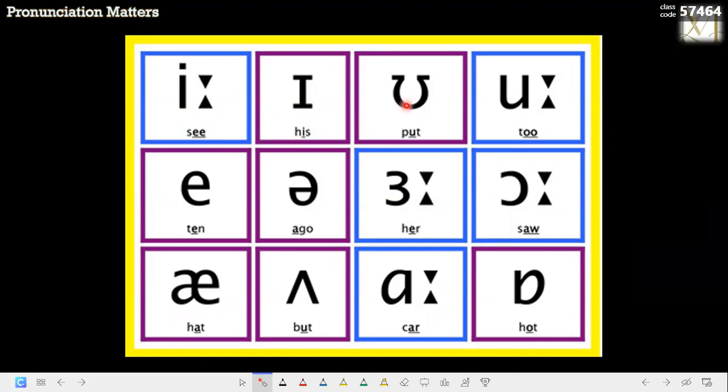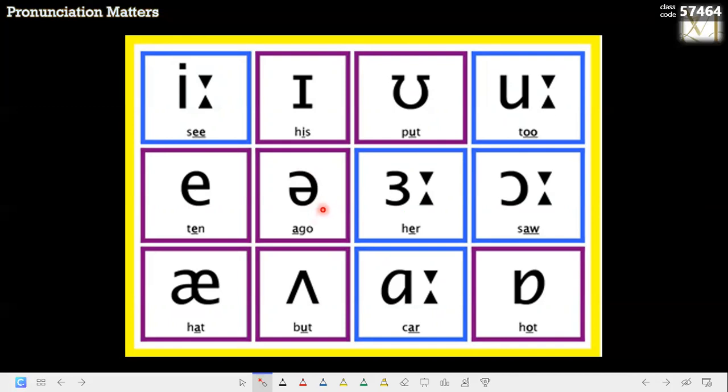And /ʊ/, put, put. Ooh, this is long. And we have /ə/, like ten, the schwa. And this schwa is the most common vowel in English.